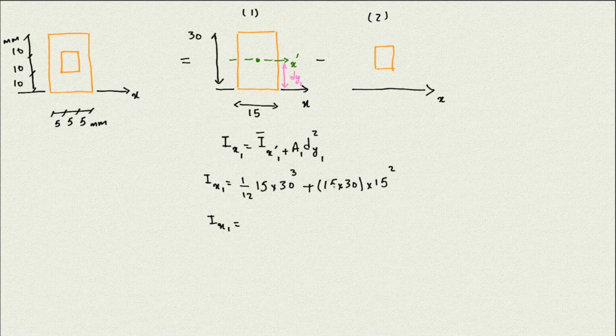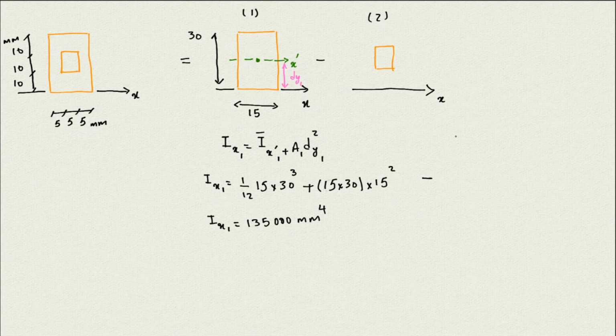It's 15 times 30. So if we do the calculation, the result is 35,000. So this is the moment of inertia for this one.